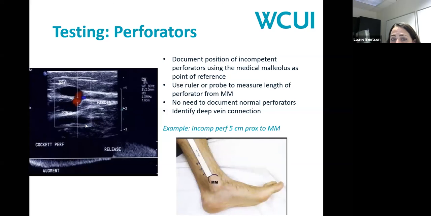When dilated and incompetent, they're very easy to see. Typically on your annotation, you could label it Cockett perforator, or you could just say perforator 1, perforator 2: 1, 2 centimeters proximal to medial malleolus, perforator 3 is 6 centimeters, and then draw them on your worksheet and note it as well.